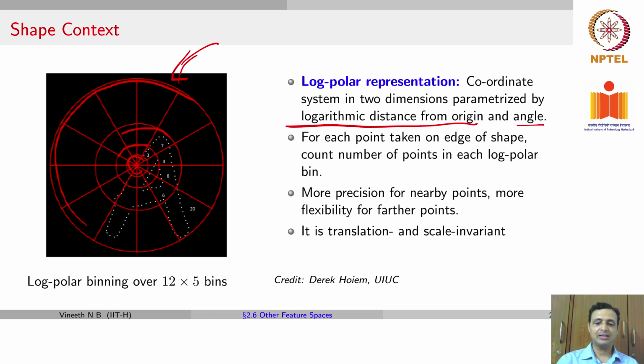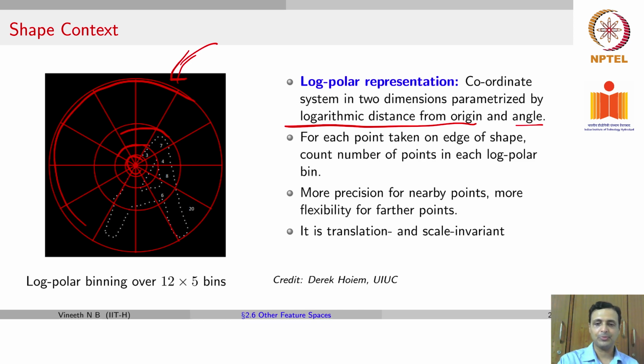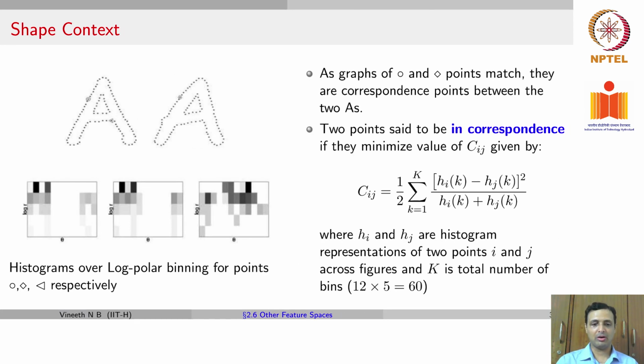As you can see, there's more precision for nearby points, very similar to the Gaussian kernel, where you give more weightage to nearby points, and then more flexibility for farther points around that pixel where we are considering the representation. To some extent, this representation is translation and scale invariant, depending on the size of the neighborhood you take. Let's study this in a bit more detail.